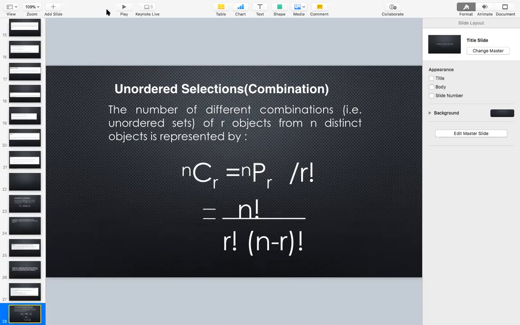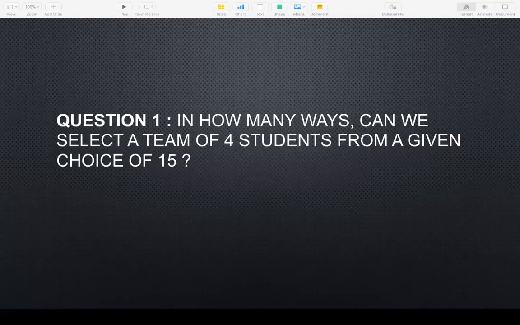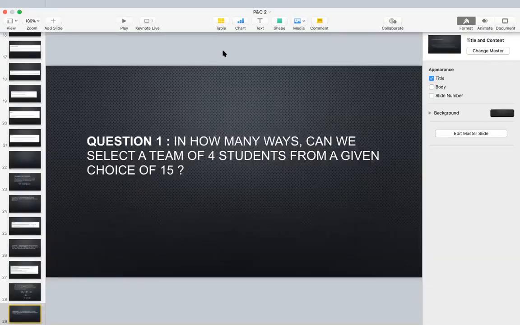So let's see some questions on combinations now. First question: in how many ways can we select a team of 4 students from a given choice of 15? Very simple. Don't tell me the exact value.